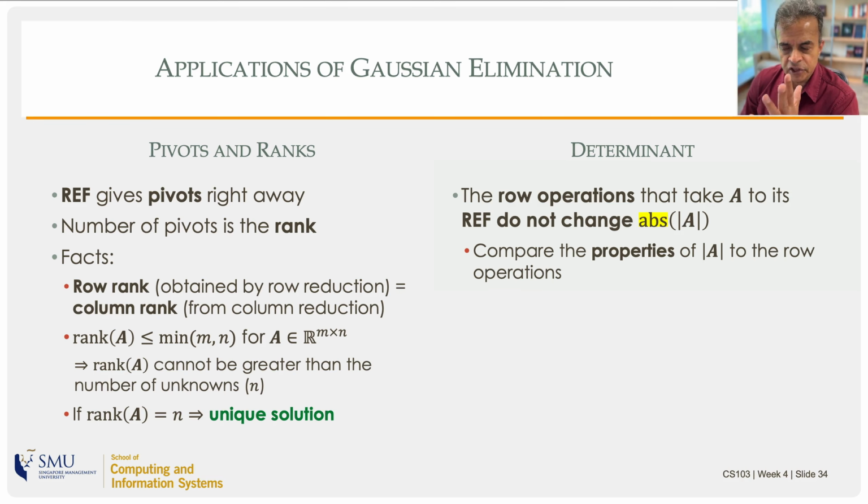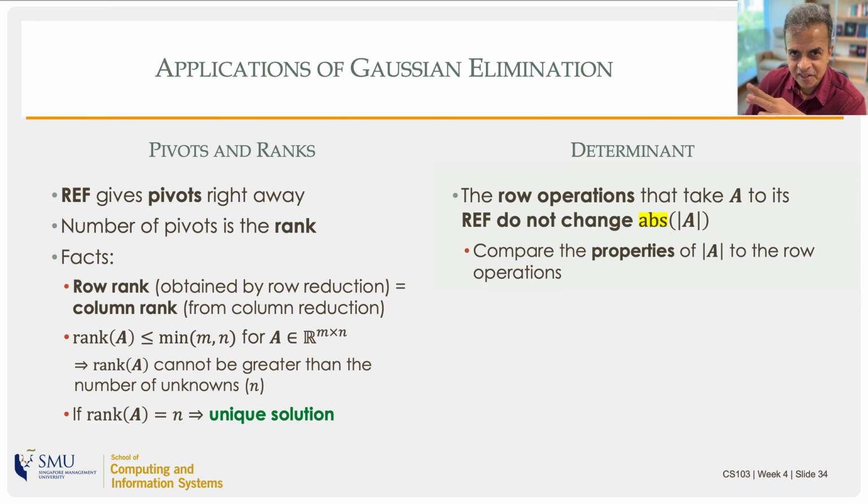So the absolute value of the determinant doesn't change as you apply the row operations to get to REF. So right away, if you compute the determinant of the REF, we're talking about a square matrix here because we're talking about determinants, then the determinant of the REF is going to be the determinant of the original matrix modulo the sign.